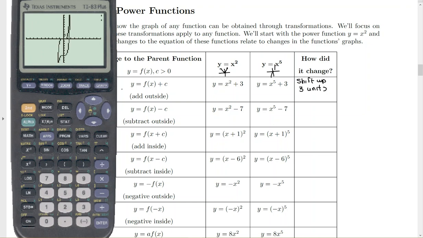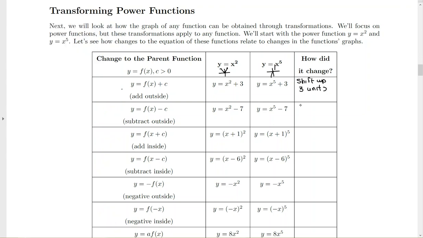And then the other one definitely slipped down 7 units. And you can test out for x squared -7 as well. So that's going to be a shift down 7 units. So if it's add, we go up. And if it's subtracting outside the parent, we're going to go down that number of units.